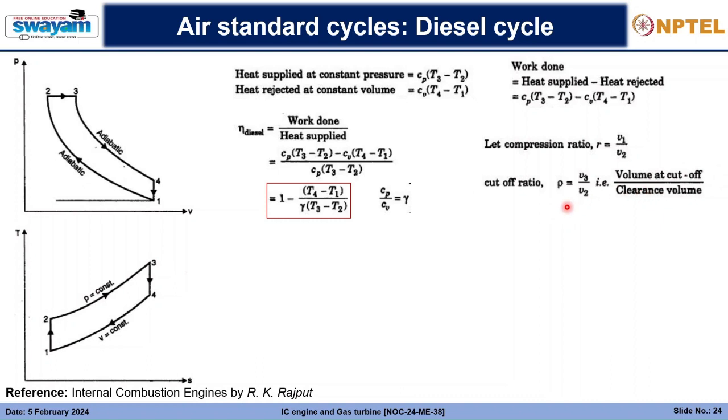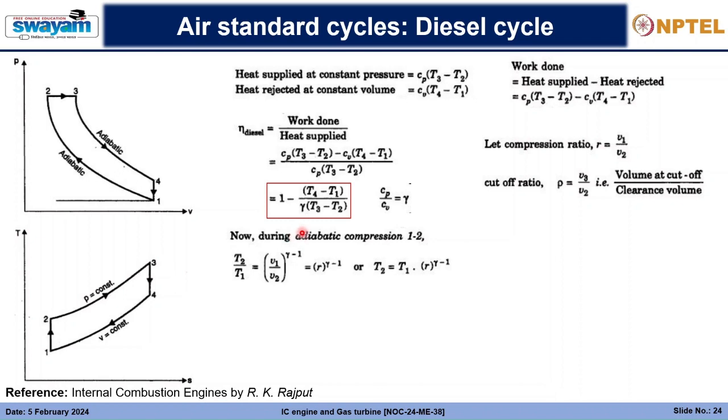We know the cutoff ratio, the interval for supplying the fuel inside the cylinder, and the compression ratio depends upon the geometry of the cylinder. That's why we rely on these terms rather than the temperature terms, which we do not know. So we will derive a formula in terms of compression ratio and cutoff ratio.